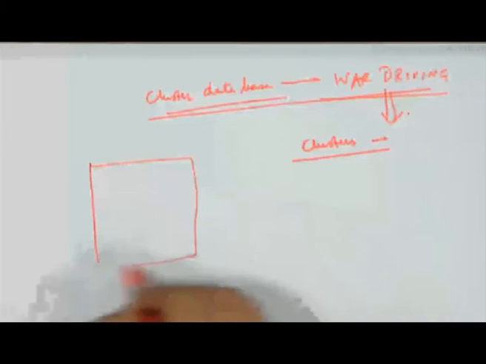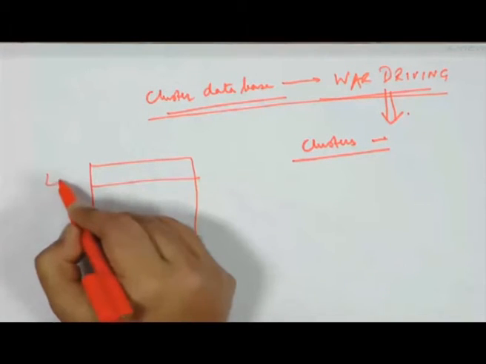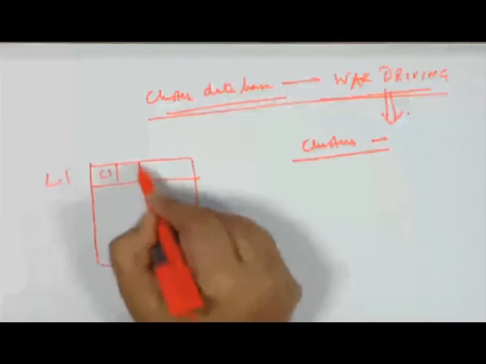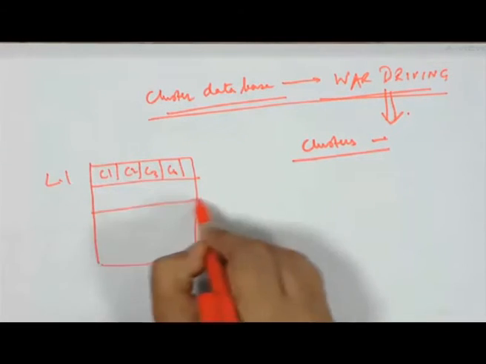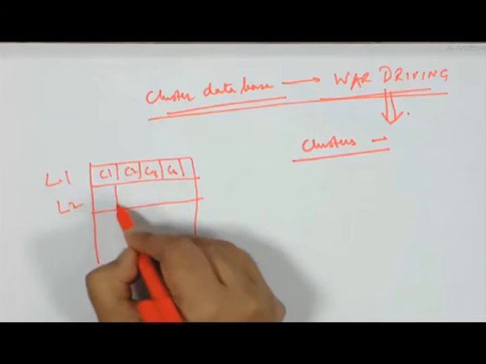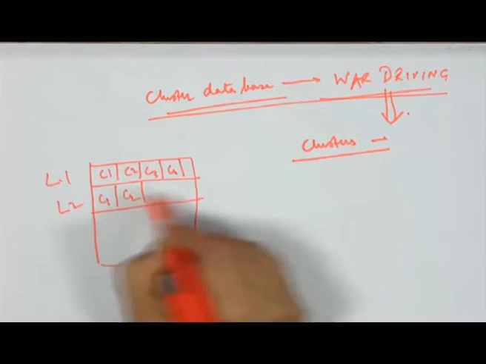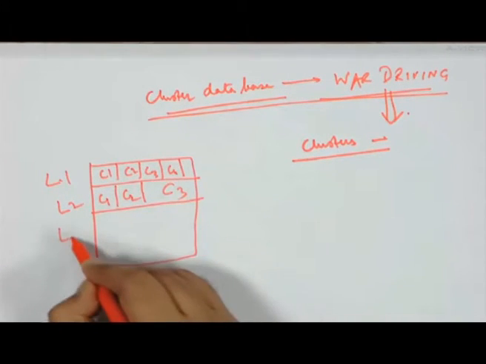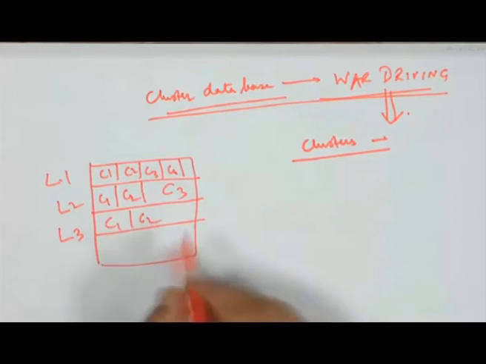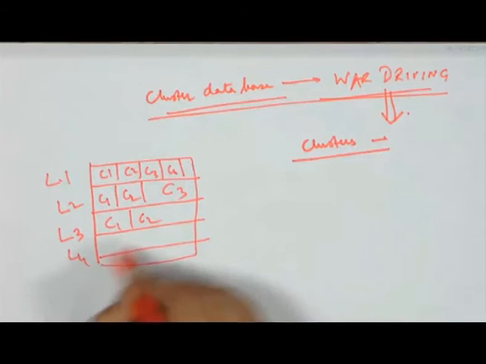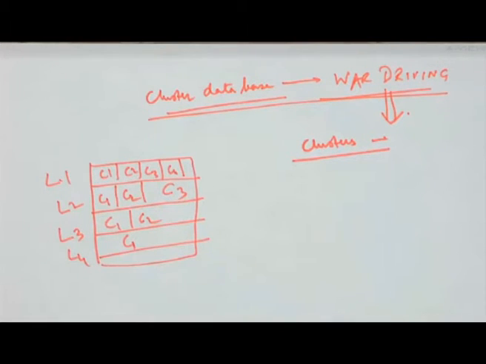So in the database you have for location 1: cluster 1, cluster 2, cluster 3, cluster 4. For location 2 you have cluster 1, cluster 2, and it may be just cluster 3. In location 3 you have cluster 1, cluster 2. In location 4 you have just cluster 1 perhaps.